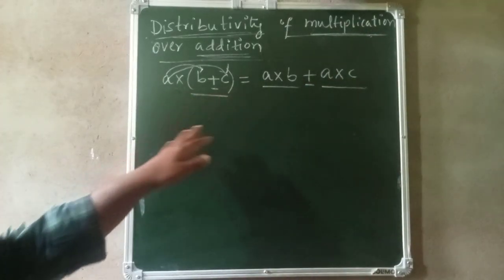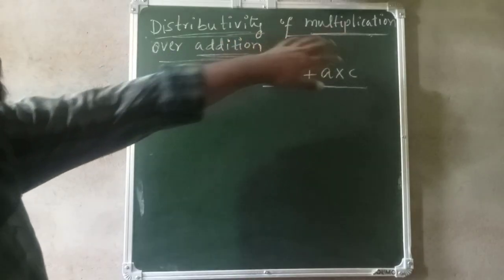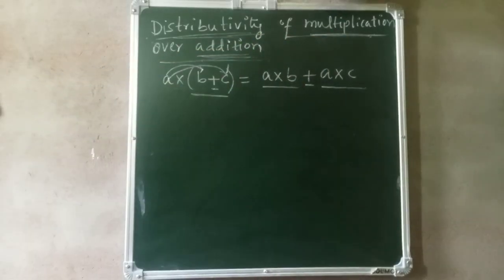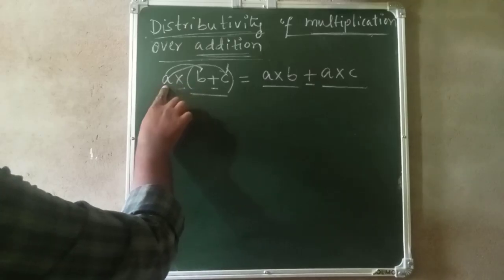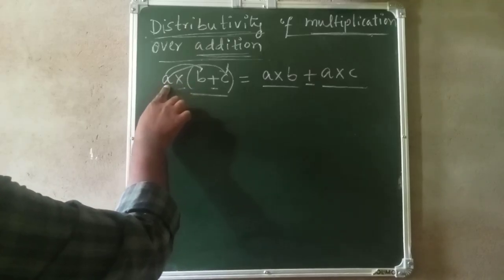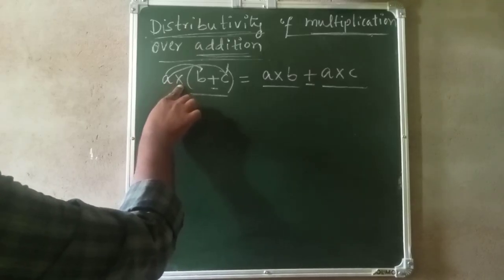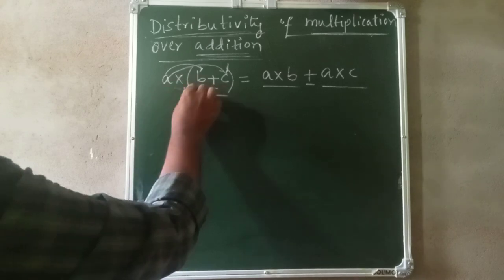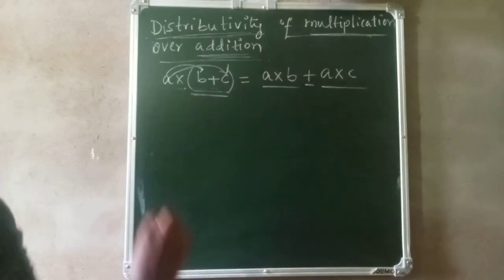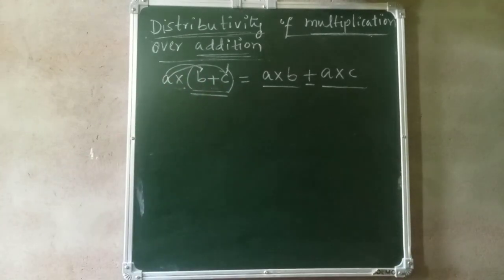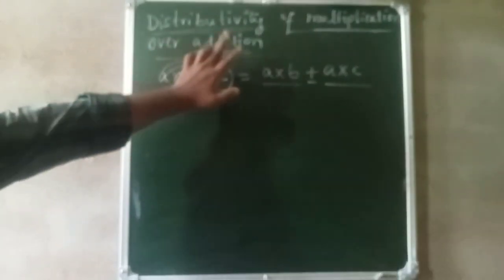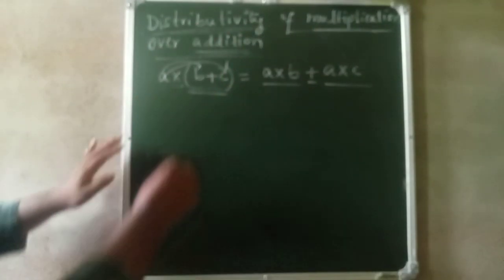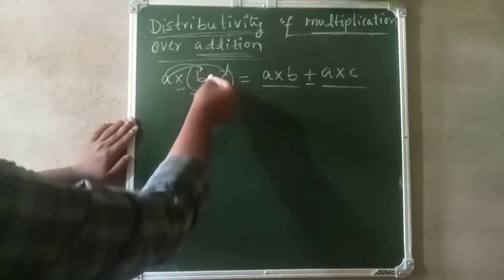So this is called distributivity of multiplication over addition. Here into is there, A is there, so we are distributing this A with this multiplication over this addition plus. Got it? So this is the meaning. Here into will be there, here addition will be there.